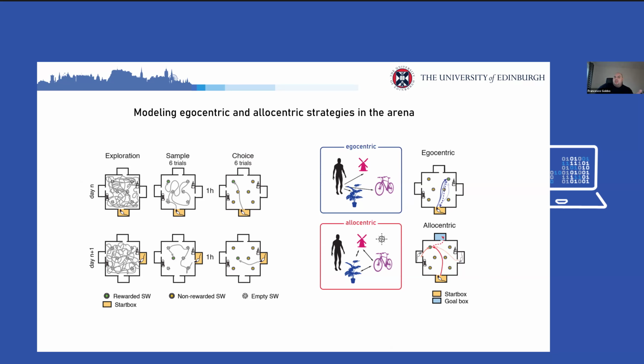And in the arena, they can get food pellets from one of 6 possible sandwells. Essentially, the food pellets are stored within a small container on the floor, called a sandwell. And on a given day, only one of those is rewarded.